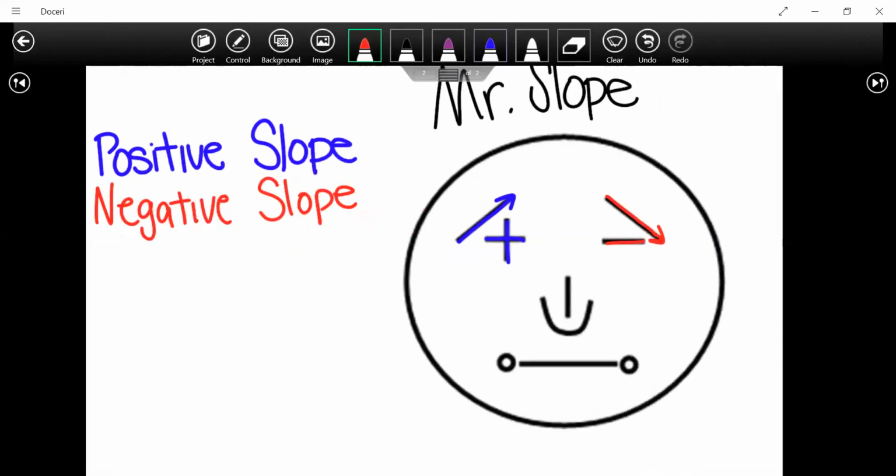Those are the two you guys are most used to seeing. The new one that we have here: what if I have a line that goes up and down? Does anyone know what that is going to be?